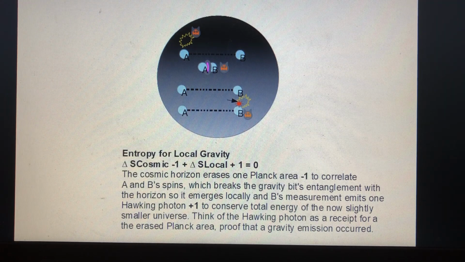So now the gravity snaps back and emerges locally. And B's measurement emits one Hawking photon to conserve the total energy of the now slightly smaller universe. Think of the Hawking photon as a receipt for the erased Planck area, proof that a gravity emission has occurred. So you can see in both cases, entropy conserves.